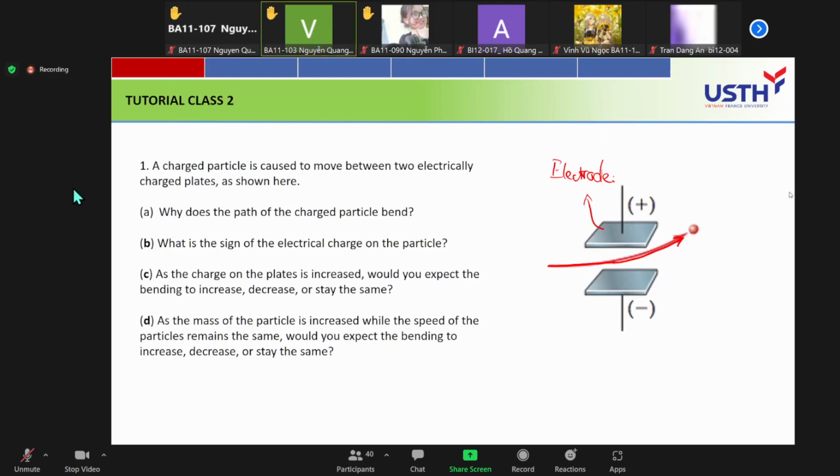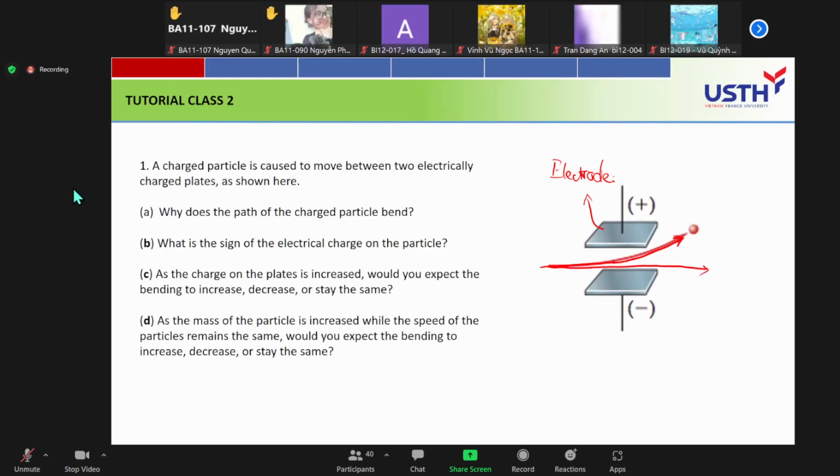The path of the charged particle will bend because it is repelled by the negative charge plate and attracted to the positive charge plate. Okay, thank you, Vinh. If you don't have any charge, the particle moves this way, so it goes in a straight line.